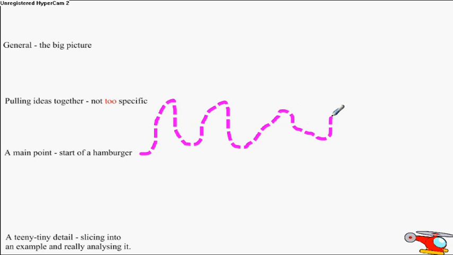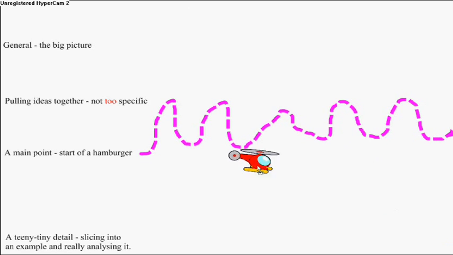Again, this person is bobbling along through this intermediate level, but without the details you never feel as if he's going to make a serious point, or that he's in danger of really analysing in an insightful way. And without the general stuff, you tend to feel this person lacks confidence.